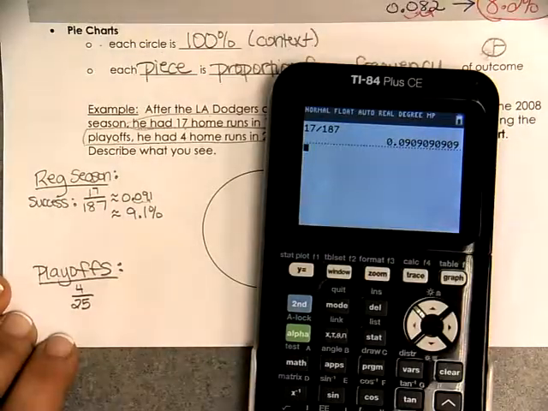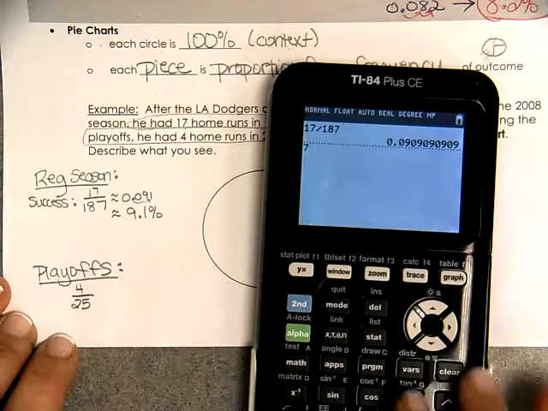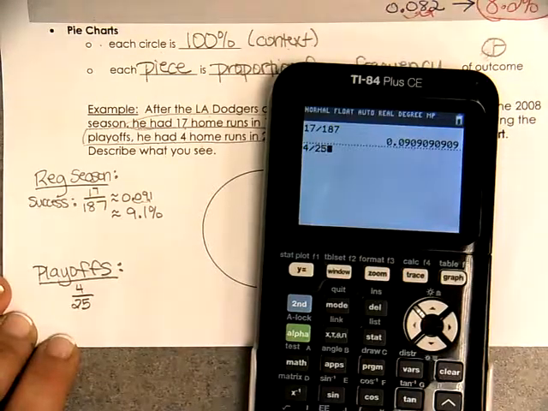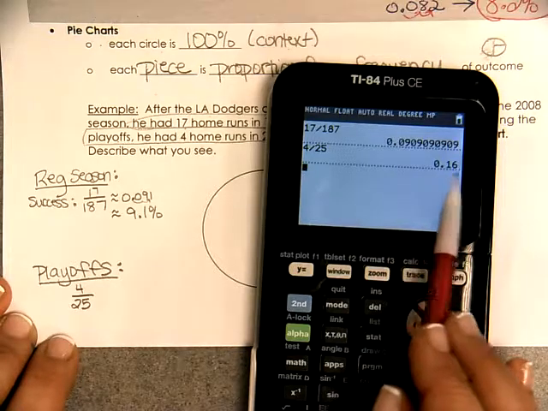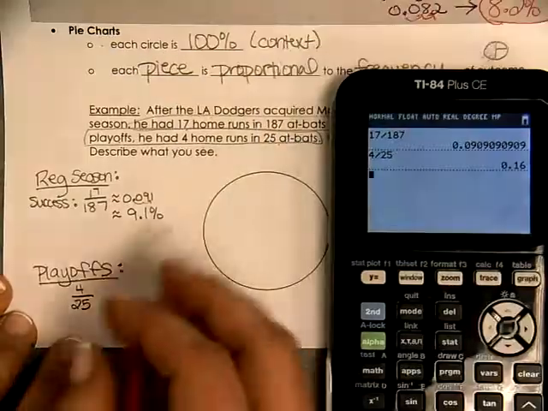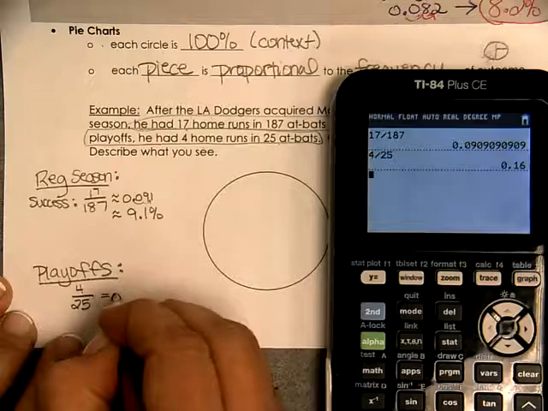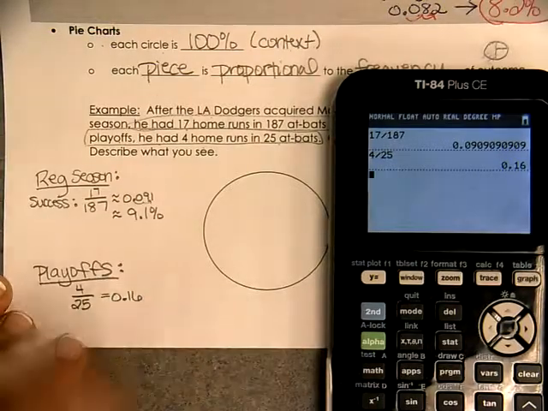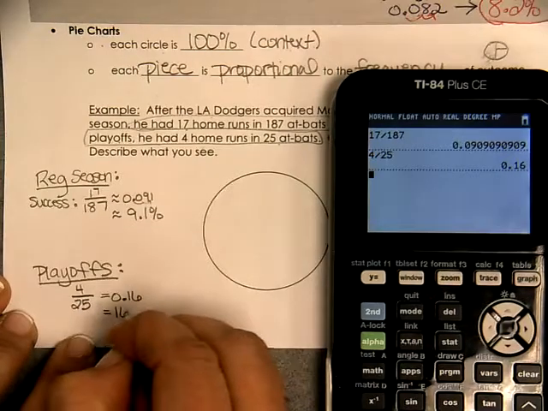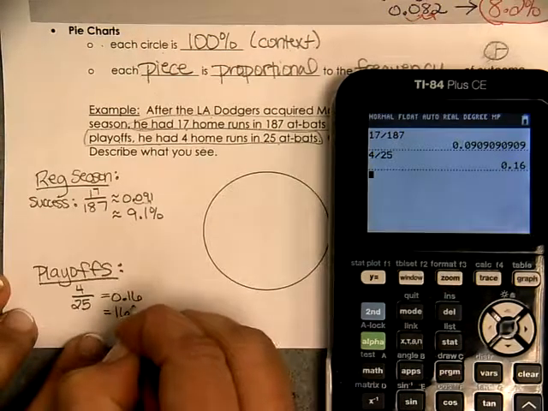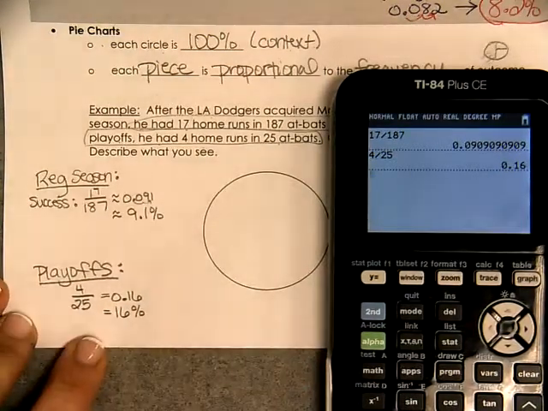So we would again divide 4 by 25. And we don't have to really round it at all there, do we? It just makes 0.16, which means that that would be 16%.